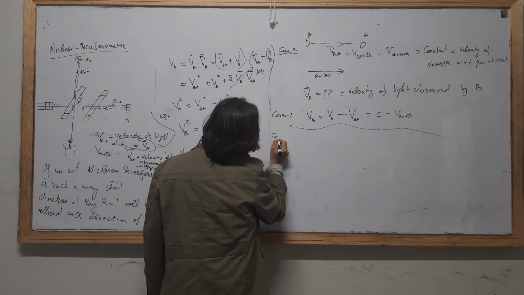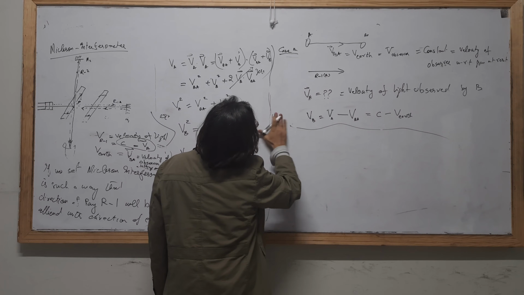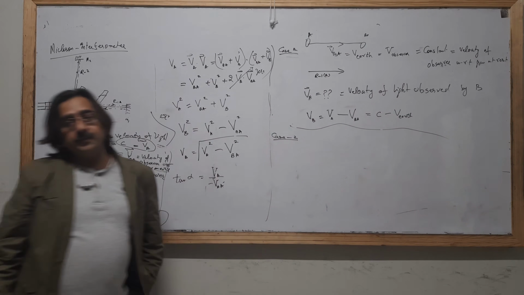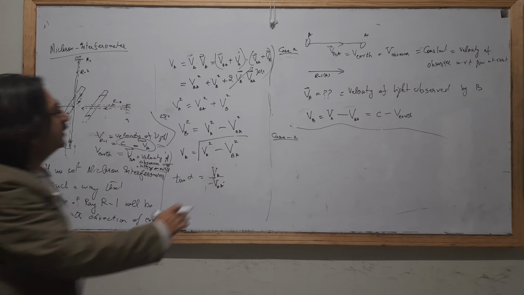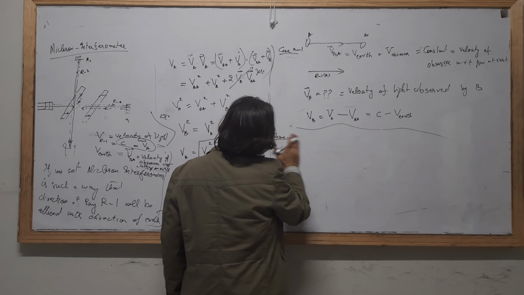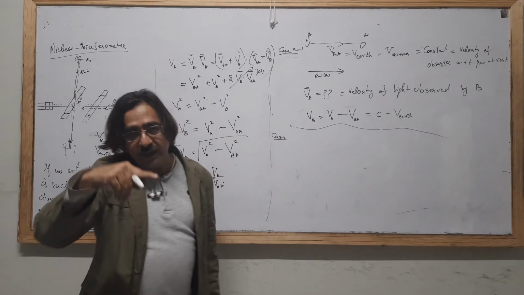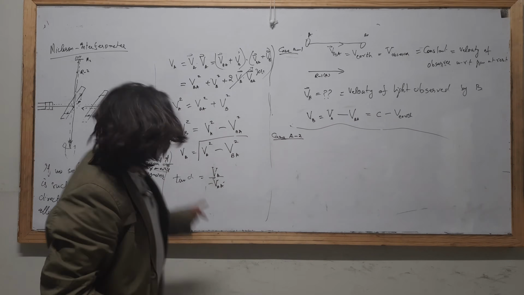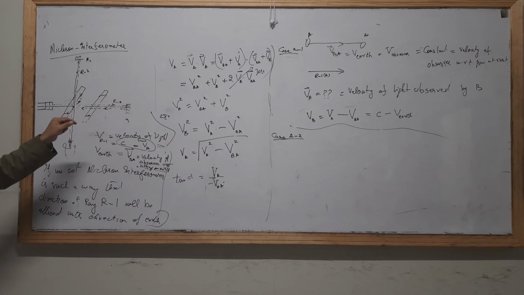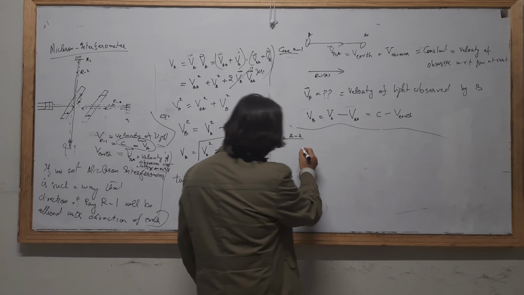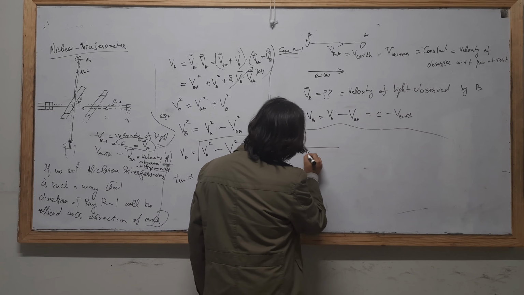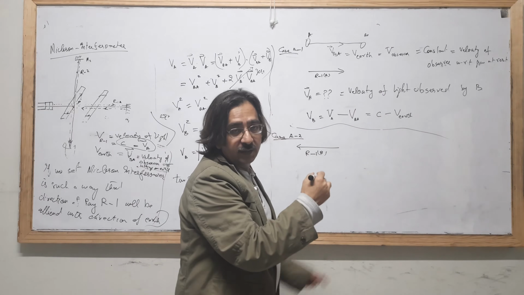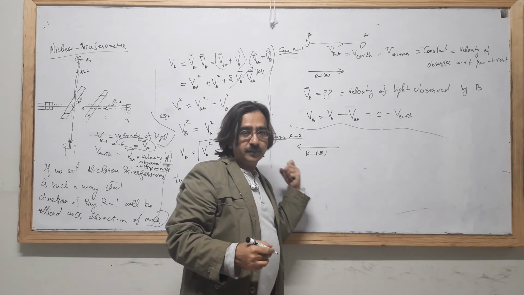Now case B. What is case B? Case 2. We may say that this is A1 because this is about ray 1, and this is case A2. Now after reflecting from the mirror, the velocity of R1 will move backward.